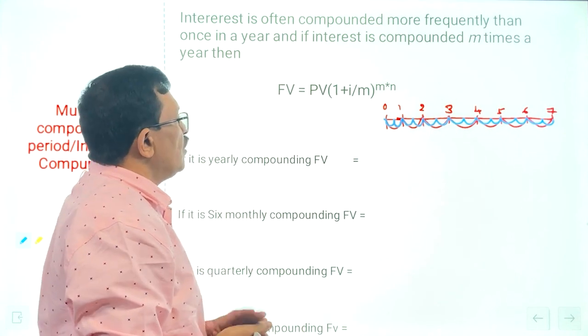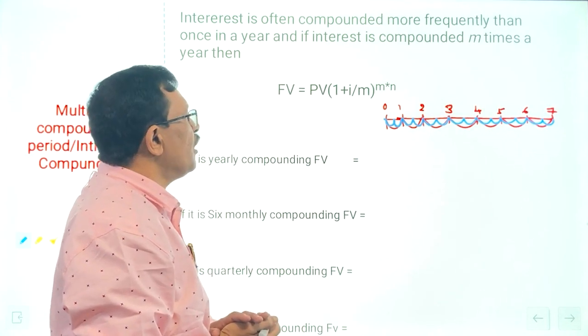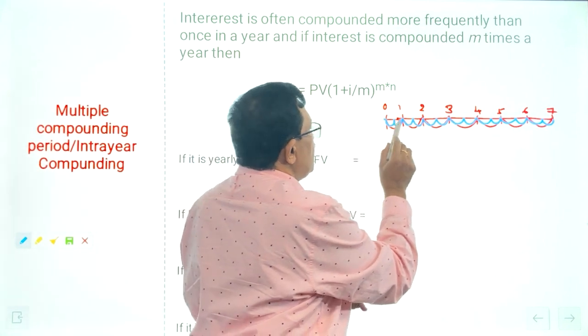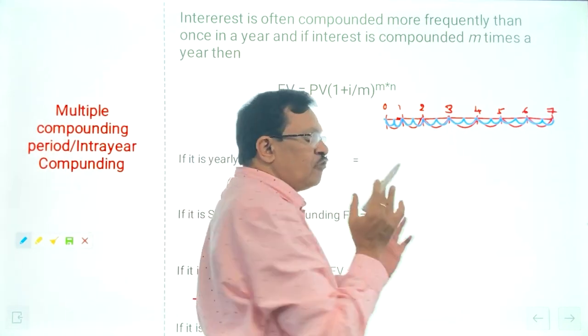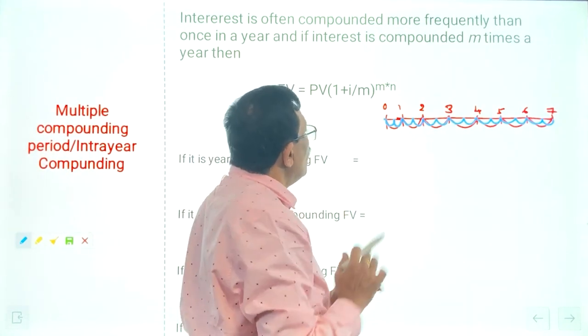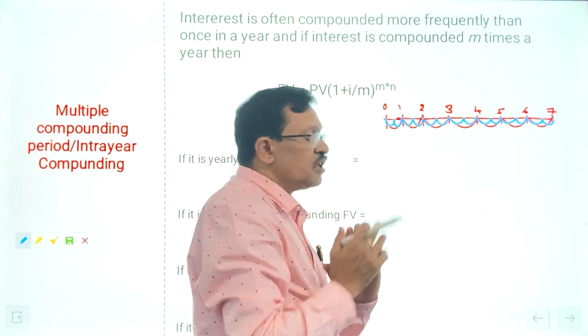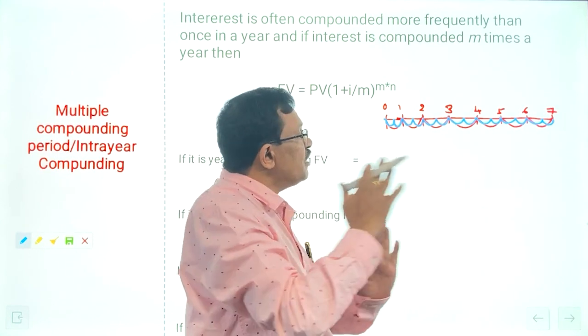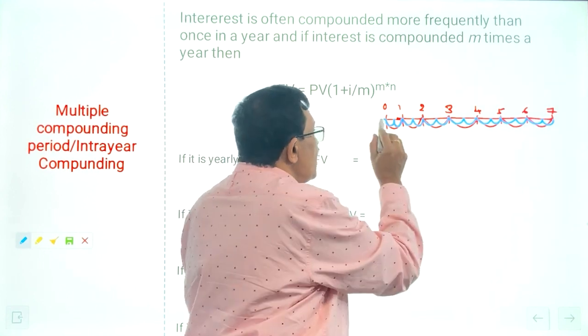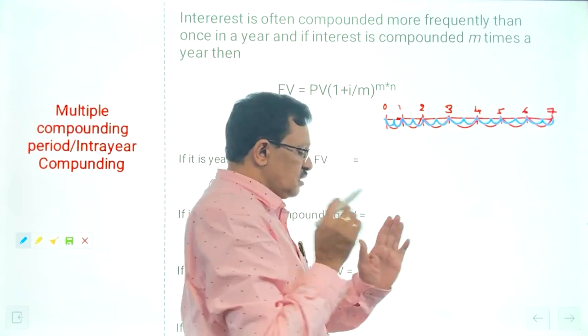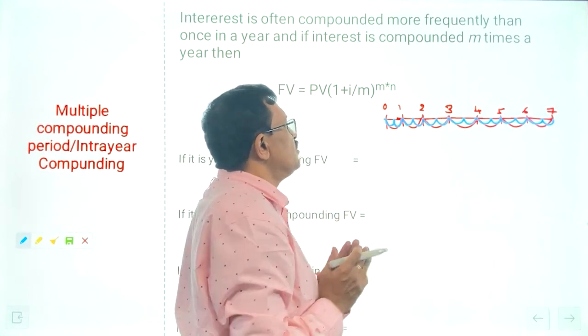If it is going to be compounded on quarterly basis, each year you will have 4 periods. And the compounding is going to be done 4 times a year. If it is going to be on a monthly basis, each year is going to be divided into 12 periods.